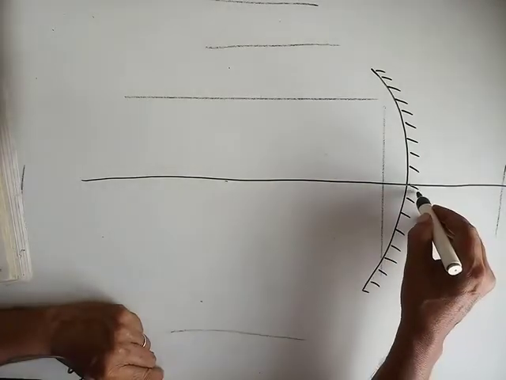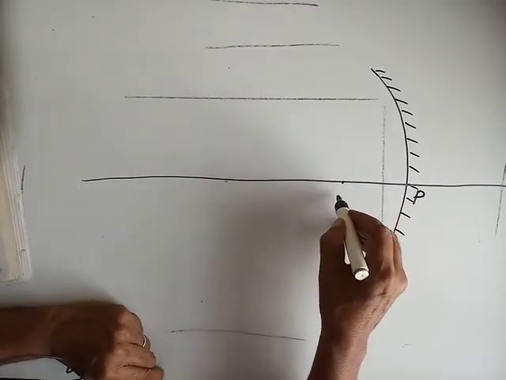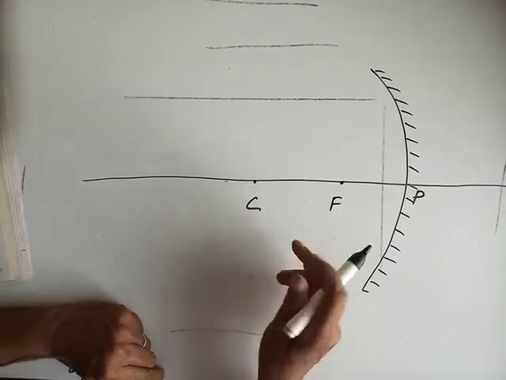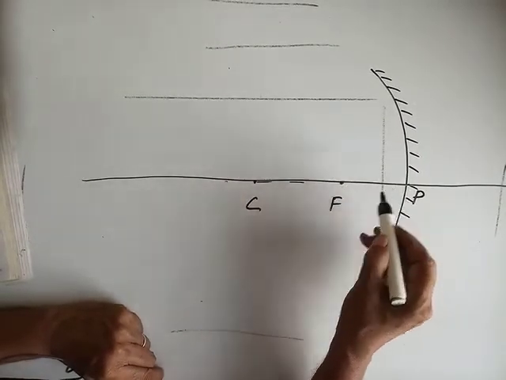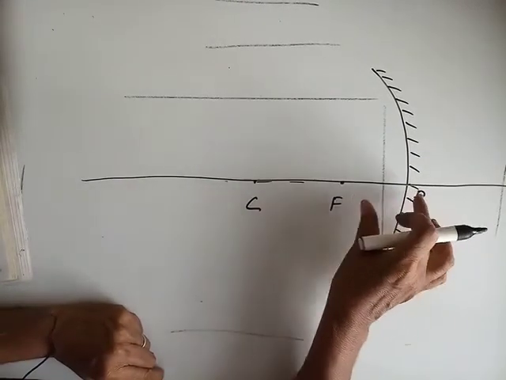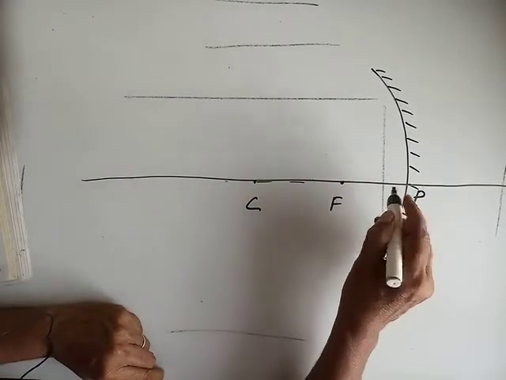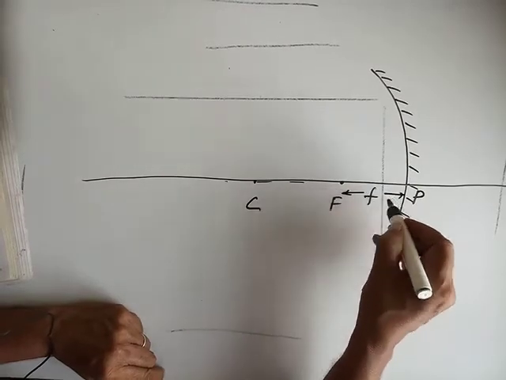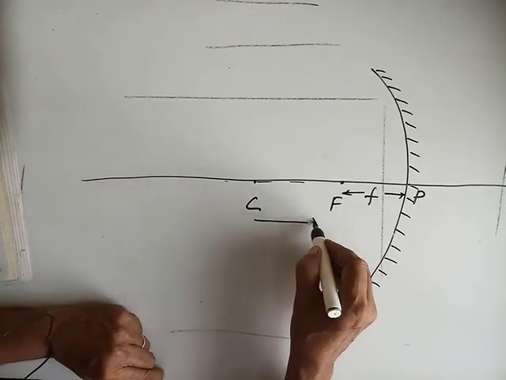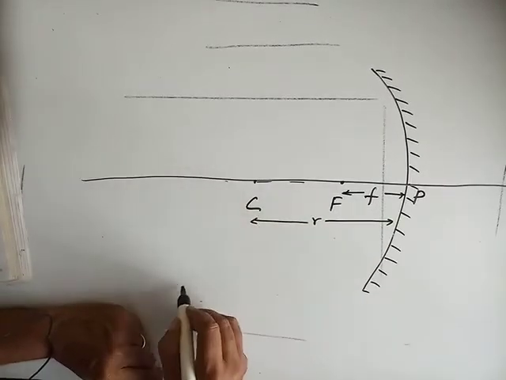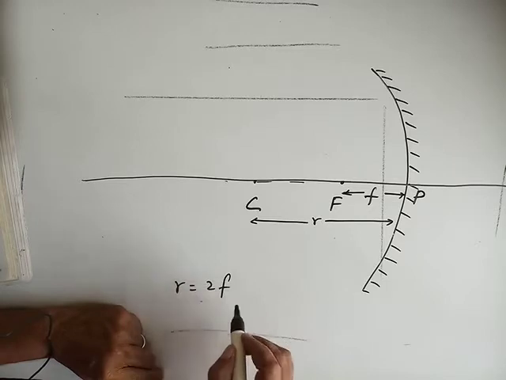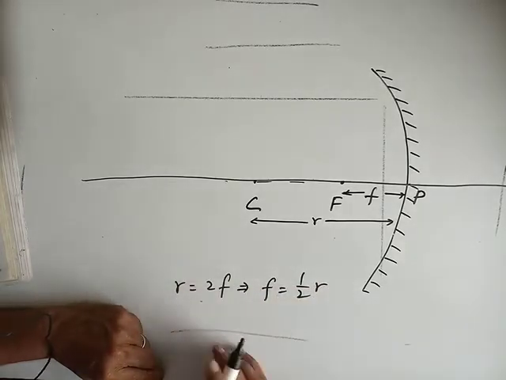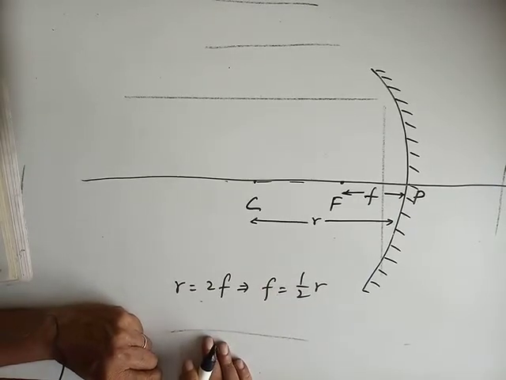This is the pole, this is the focus, and this is the center of curvature. The distance from here to here is the focal length, and this is called the radius of curvature. The radius of curvature is twice the focal length, which implies the focus is half of the radius of curvature.